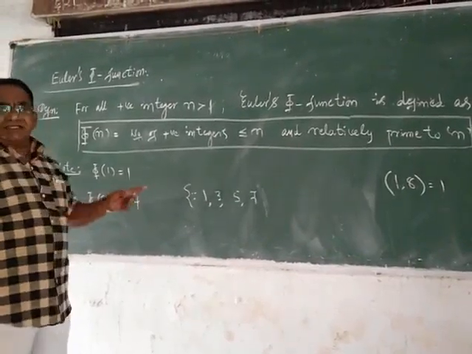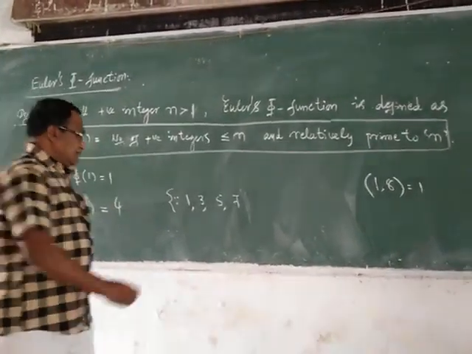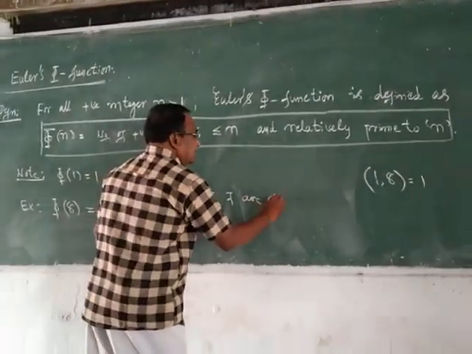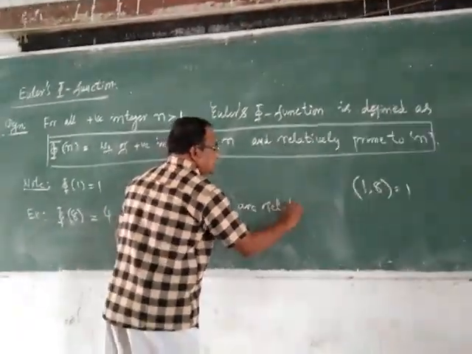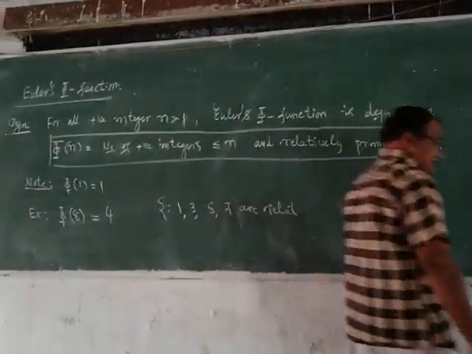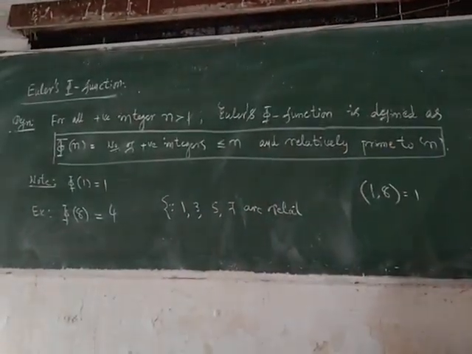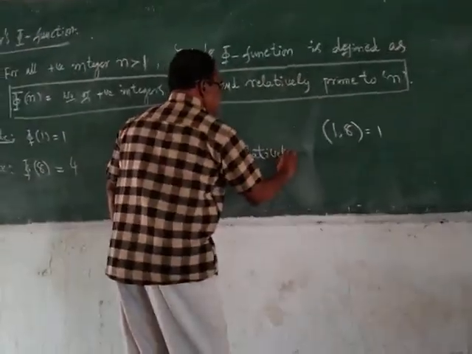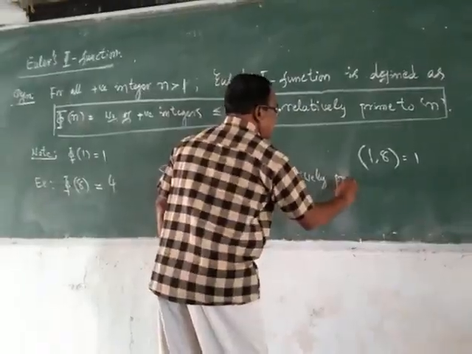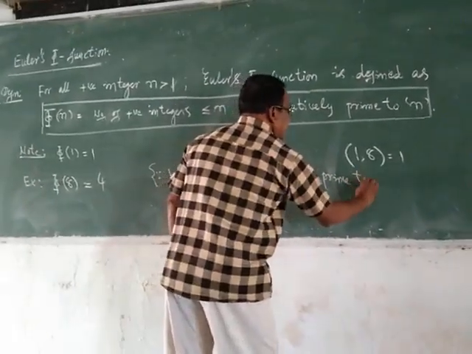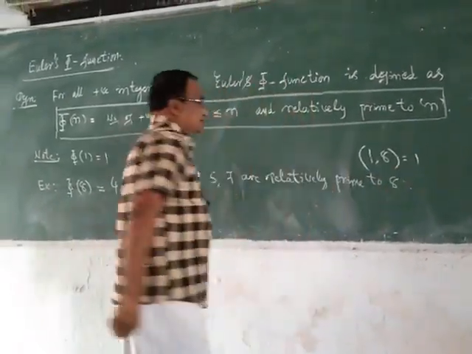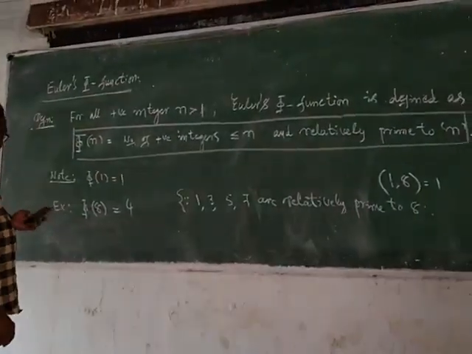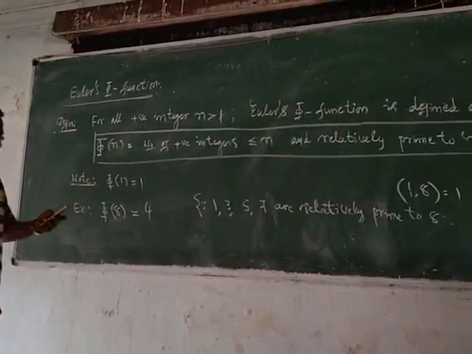Therefore, phi of 8 is equal to 4. Like this you can find the Euler's phi function of any number.